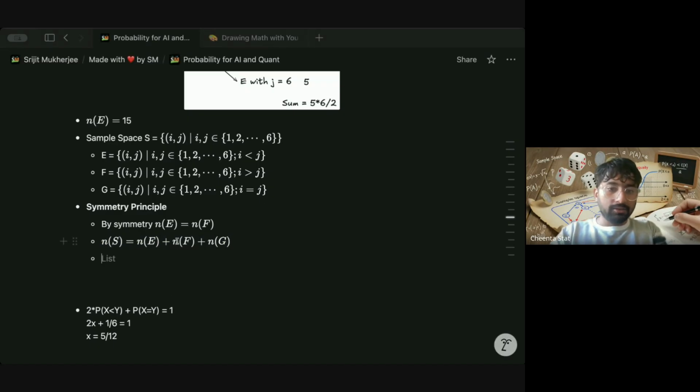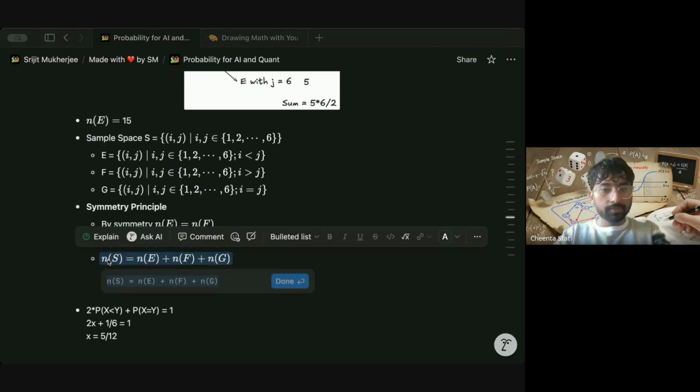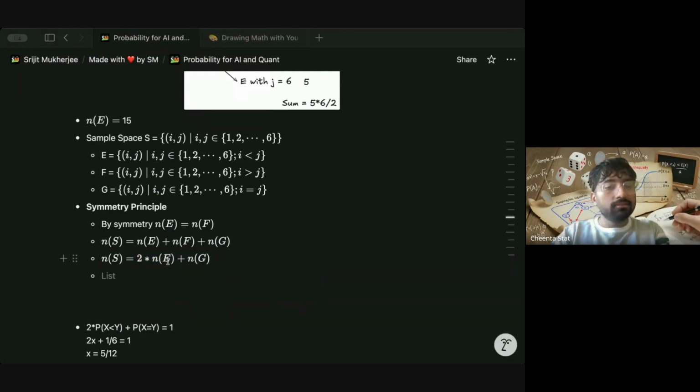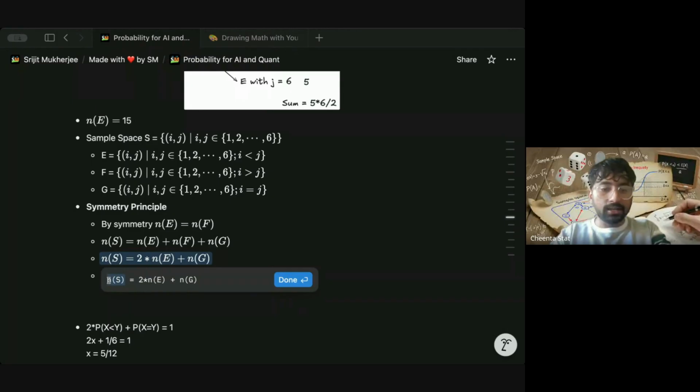right? And what we get from here is that n of S is nothing but twice n of E plus n of G. And we already know n of S is 36. n of G is what?